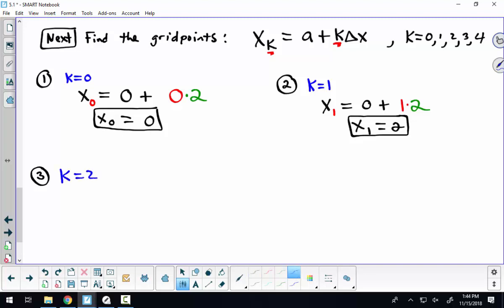Next k value is k equals 2, so we're going to have x sub 2 is a plus k times delta x. Delta x is still 2. So that gives us x sub 2 equals 4.